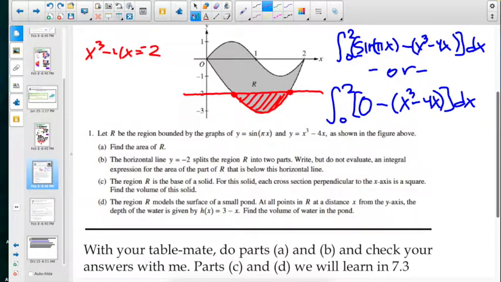Okay, so we are at 0.539. So this first intersect is 0.539, comma -2. That's that first point. What's the second point? Right side.